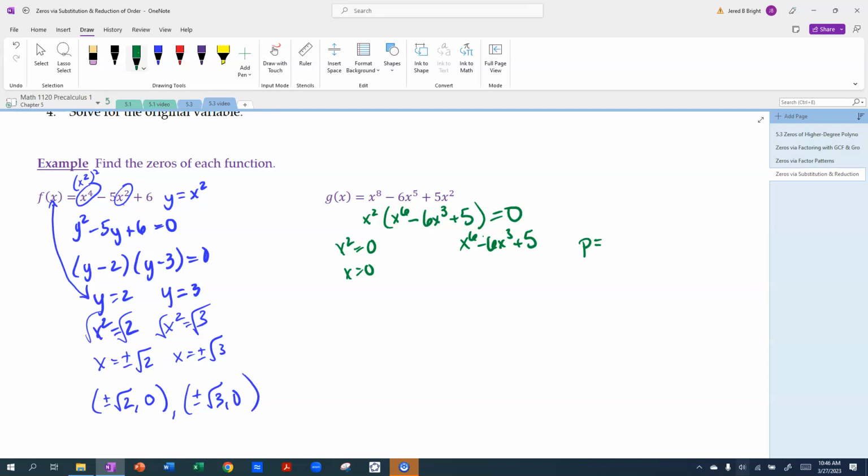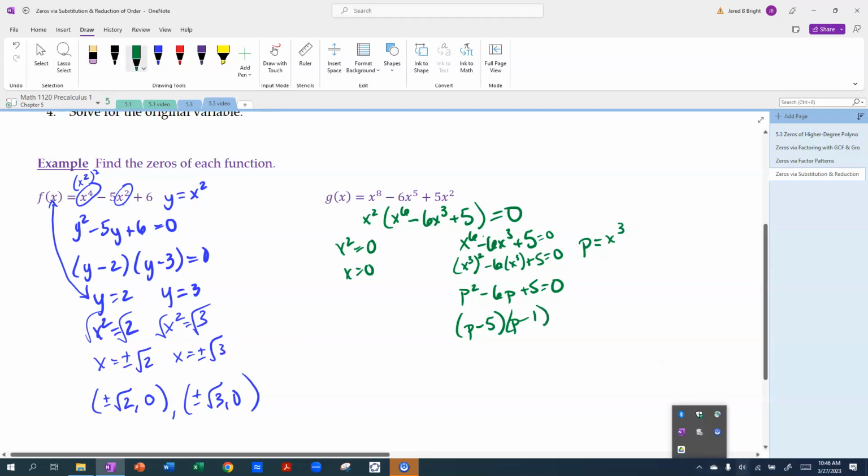This x to the sixth is x cubed squared, and I also have an x cubed over here. Maybe try p is equal to x cubed. If I do that, I get p squared minus 6p plus 5, all still equal to 0. If I factor this, this is going to be p minus 5 and then p plus 1. Oops, sorry, p minus 1 rather.